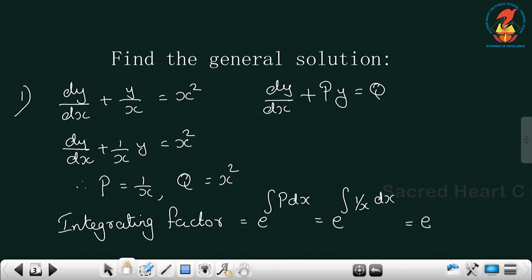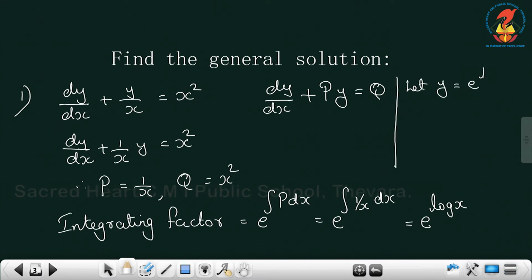What is the integral of 1 by x? Log x. Now what is e raised to log x? Children look, let y is equal to e raised to log x. Apply log on both sides.